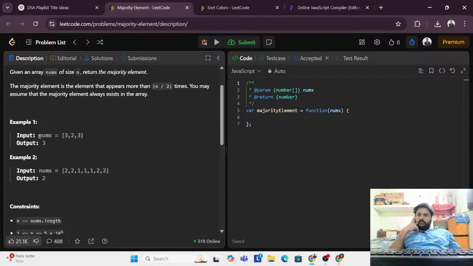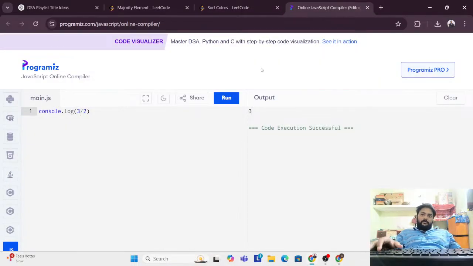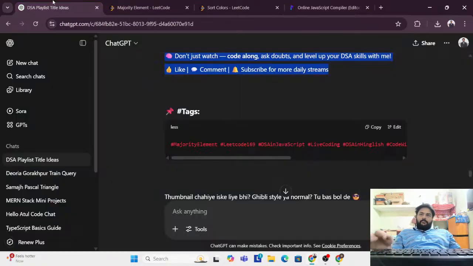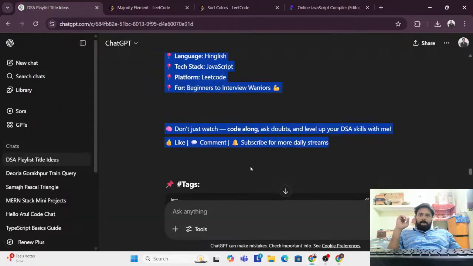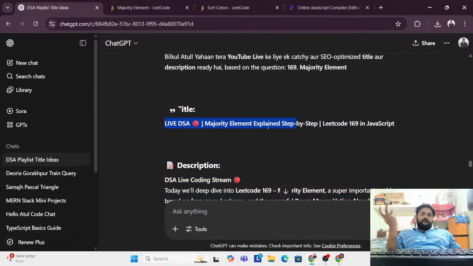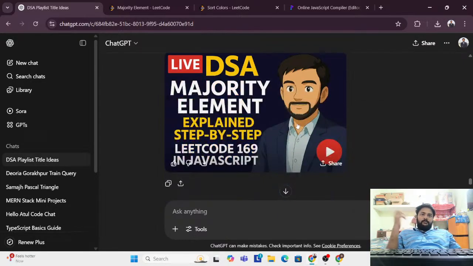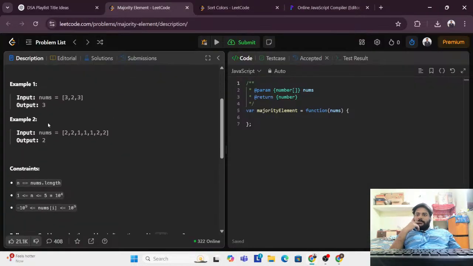Now, in the first example the array length is 3, and if we divide 3 by 2, it is 1.5. So the majority element must appear more than 1.5 times, which basically means 2 times.